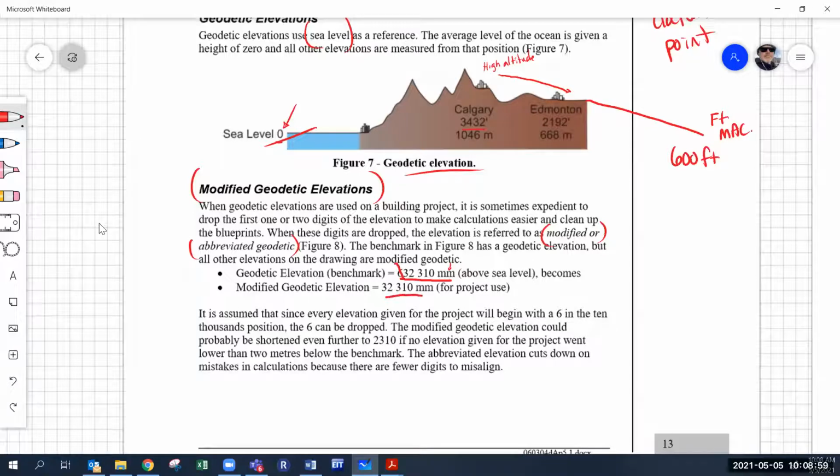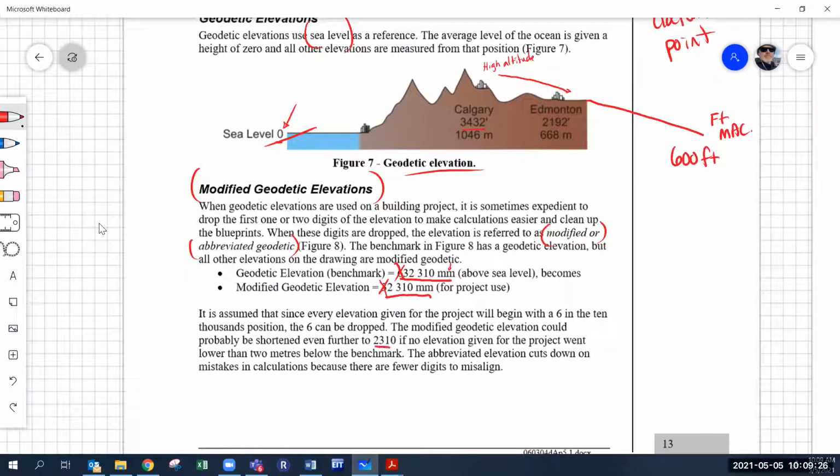And now look, it's modified. That's all they are doing, is dropping the big numbers to make it a little easier to calculate elevations. We can modify this elevation even more by taking off the 3. And as you can see, we have 2310 millimeters.